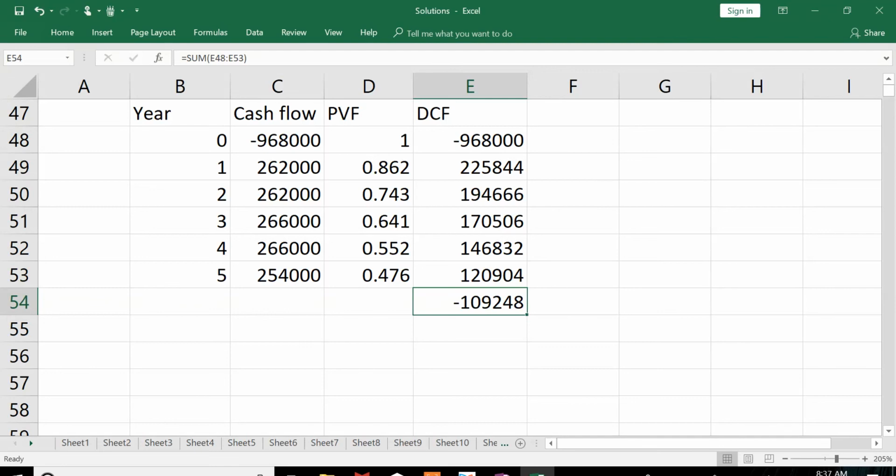We're getting a negative NPV, so we'll not go ahead with the replacement. Let me know in case there are doubts here. Can we proceed? Any doubts on this?